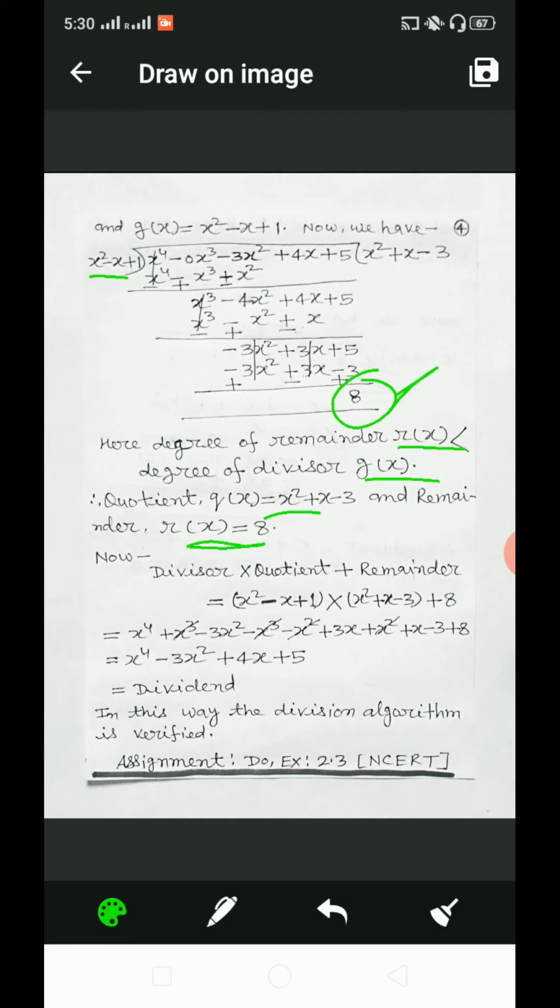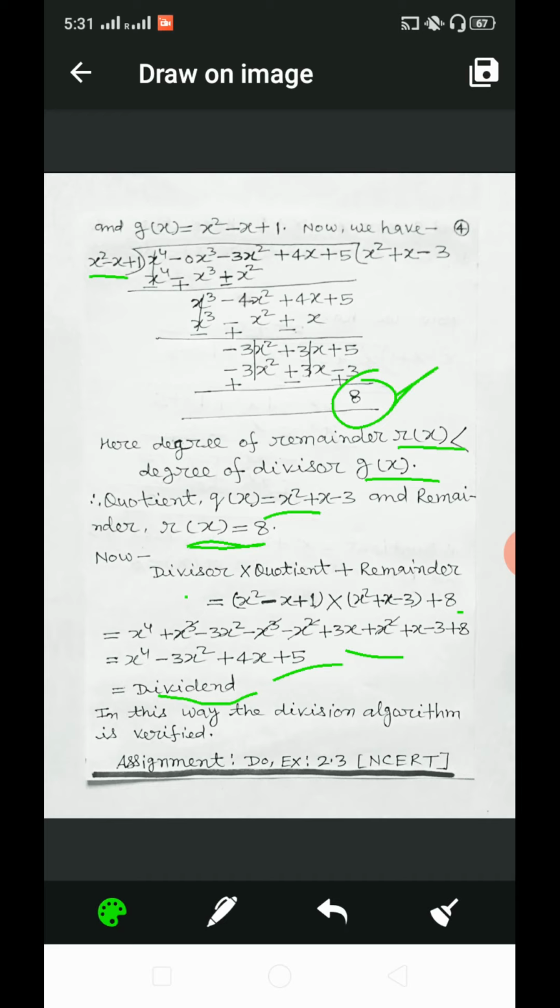For the verification of division algorithm, we have divisor into quotient plus remainder, and this is equal to x square minus x plus 1 multiplied by x square plus x minus 3 plus 8, and we multiply divisor and quotient, we get x to power 4 plus x cube minus 3x square minus x cube minus x square plus 3x plus x square plus x minus 3 plus 8, and after simplification we get x to power 4 minus 3x square plus 4x plus 5, and this is equal to dividend.